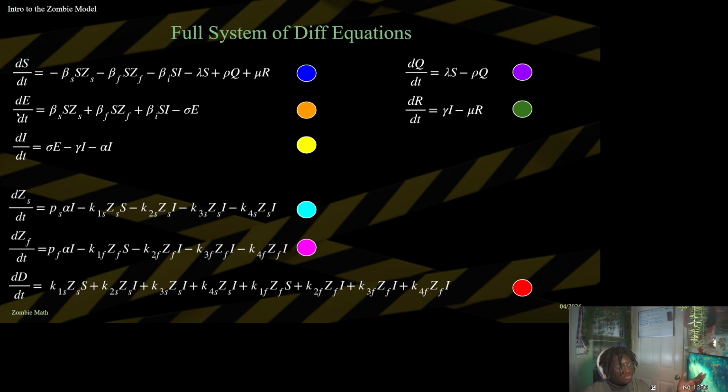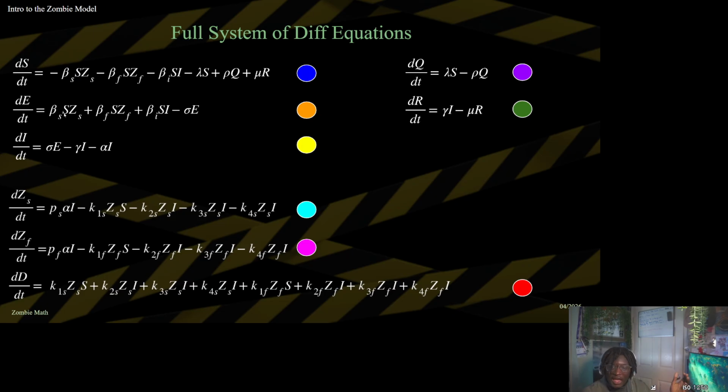We have the exposed group here, the exposed ODE, and at a rate of beta s, beta s corresponding to the slow zombies, times susceptible times the slow zombies, and then the fast zombies, and then the infectious humans.